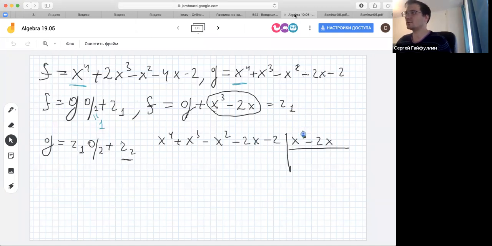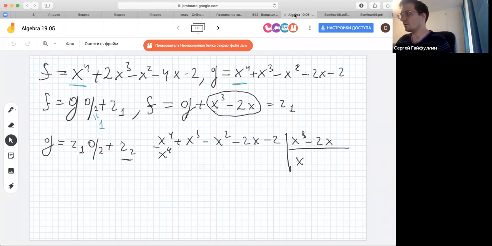The first term here is x, and I need to multiply x to the third minus 2x by x. So I have x to the fourth minus 2x squared.